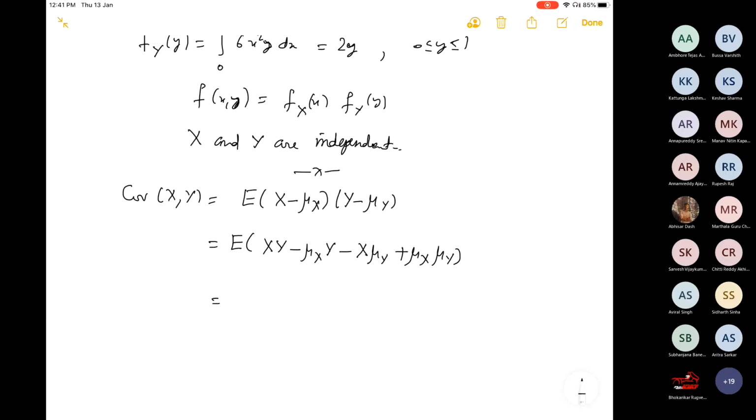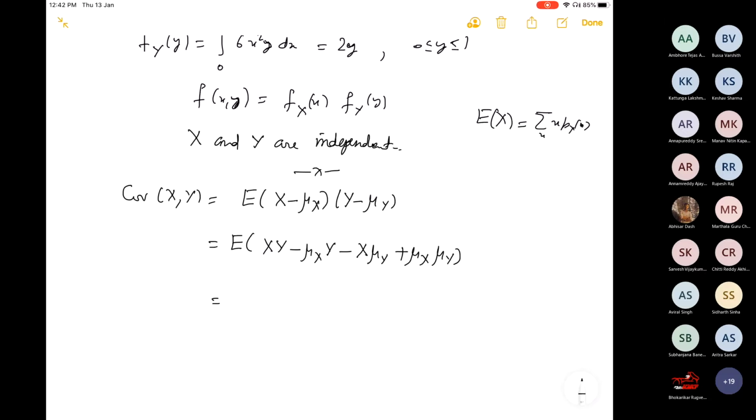Now, because this expectation is over two variables, X and Y, previously, for the expected value of X, one summation was there, sum of x p(x).